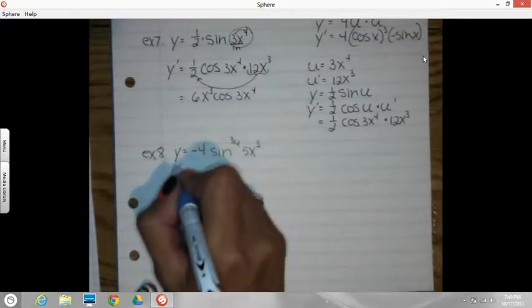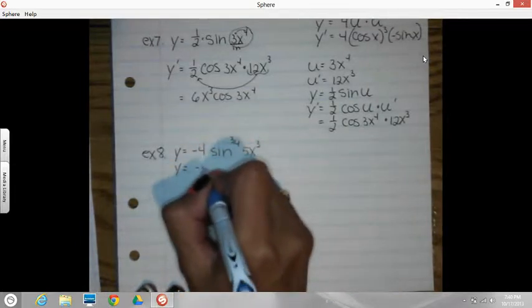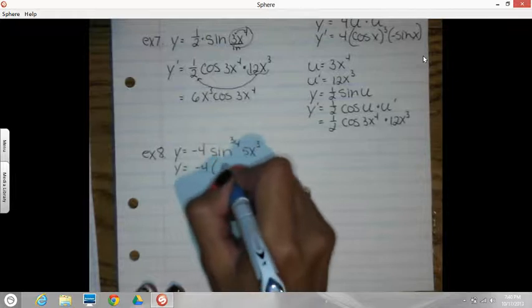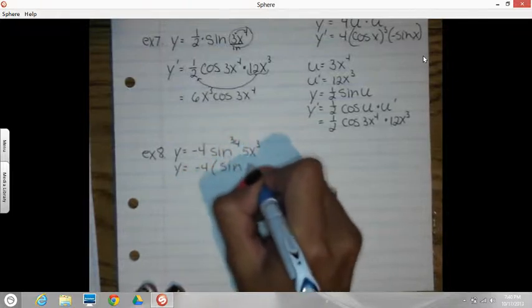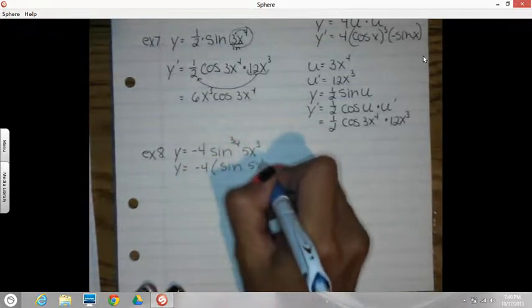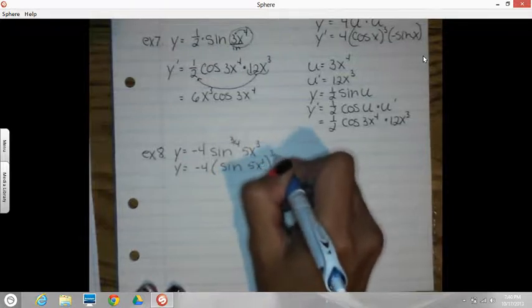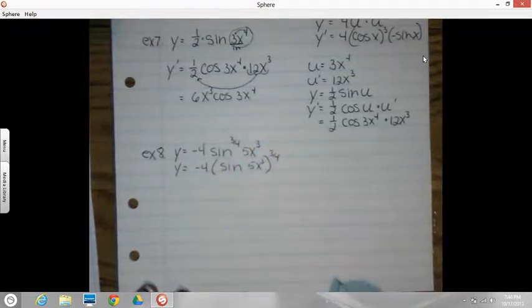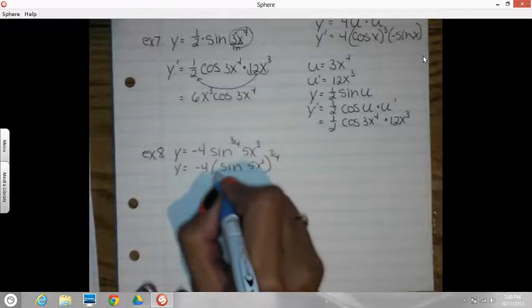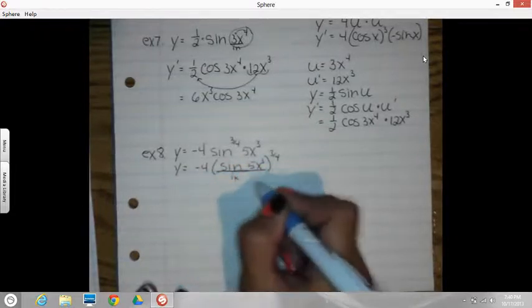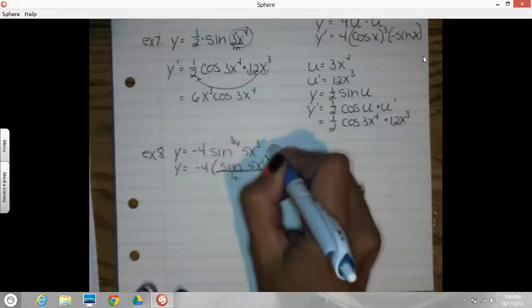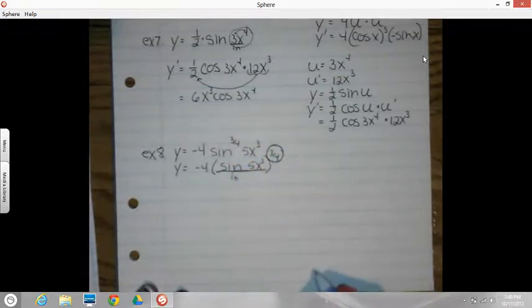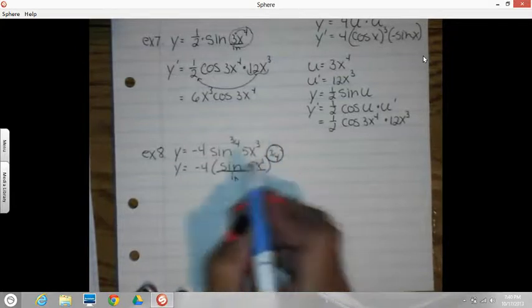So this is still y, it's not the derivative yet. The sine function is what's being put to the 3/4 power. Okay, so I can definitely see this is my inside. This is my outside. So the outside is a power. I'm going to do the power rule.